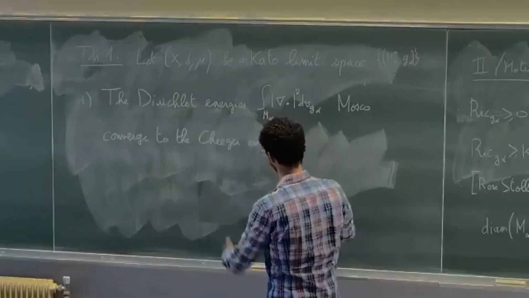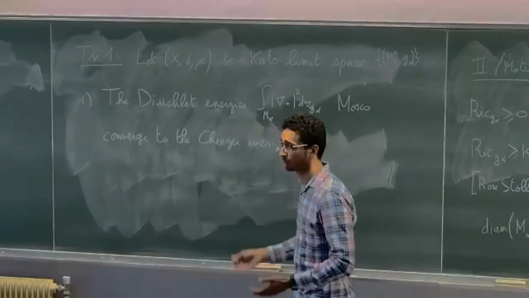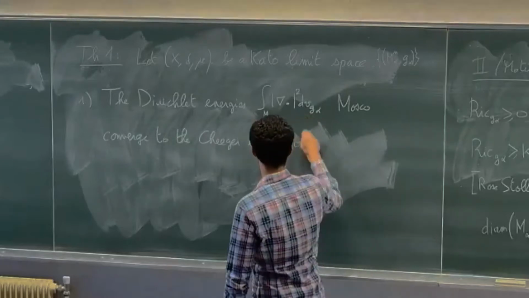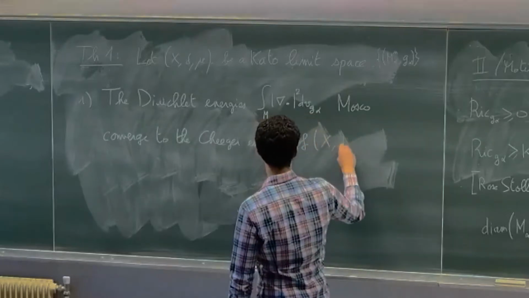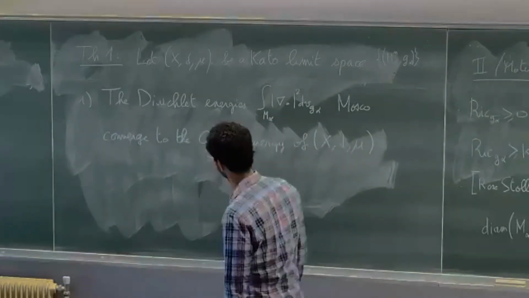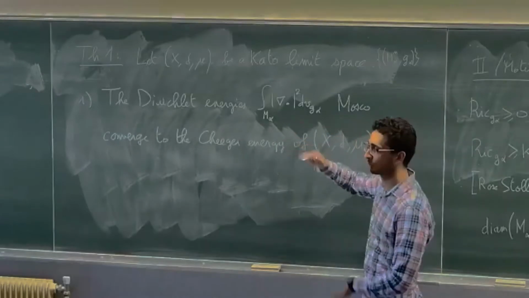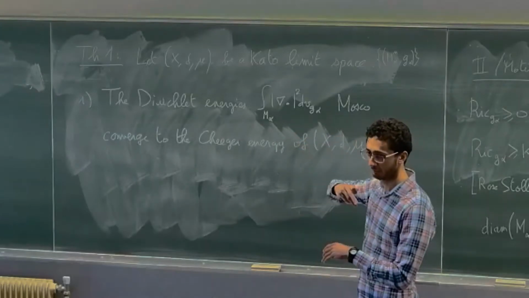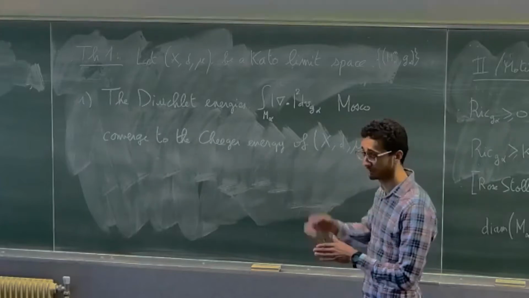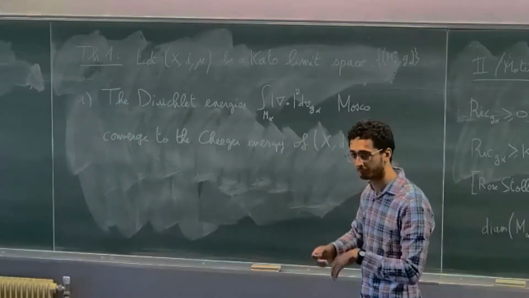I will not recall the definition of the Cheeger energy, just keep in mind that it's a natural replacement of the Dirichlet energy in this context. In particular, this tells us that if the limit space is compact, then the eigenvalues of the Laplacian on the approximating manifolds converge to the eigenvalues of the limit space.